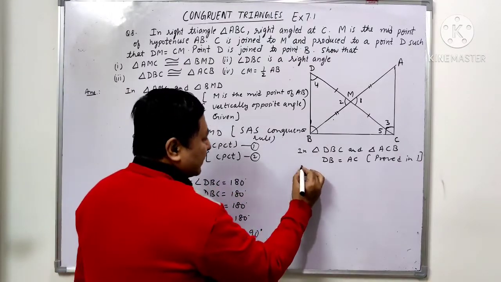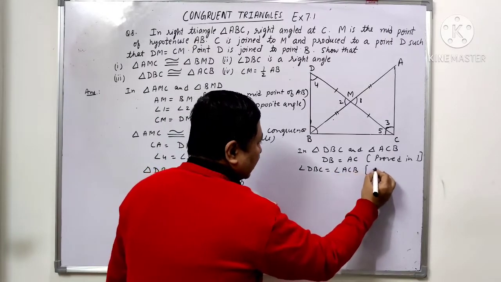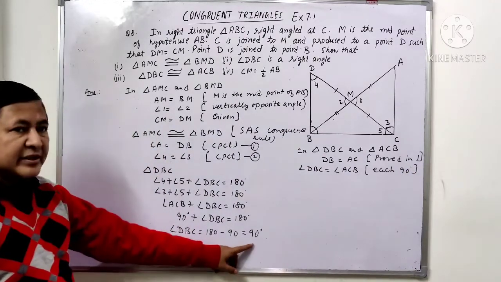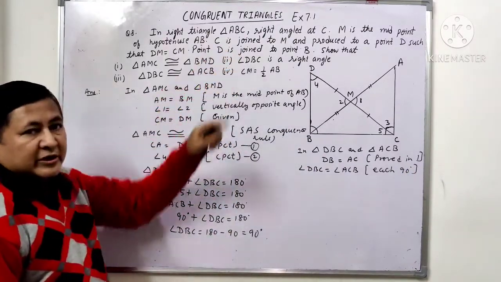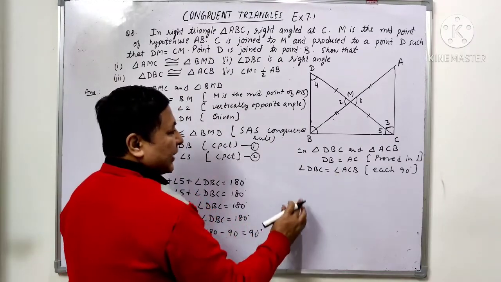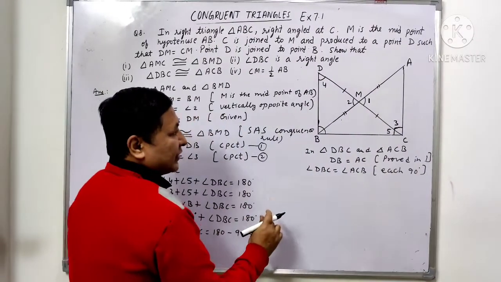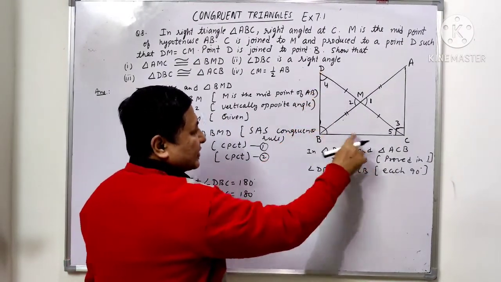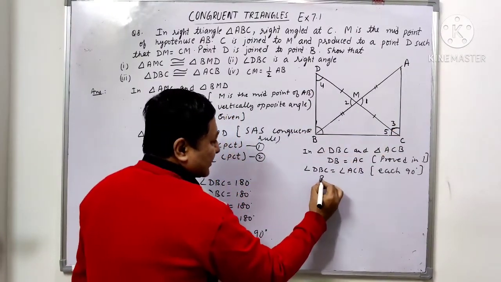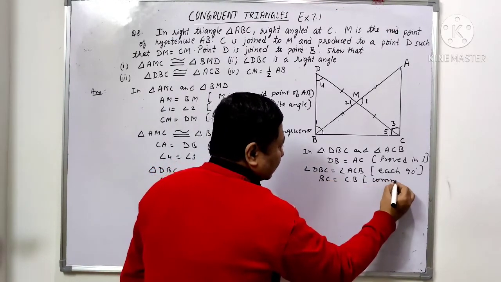Now angle DBC is equal to angle ACB, each 90 degrees. We have proved that angle DBC is 90 degrees, and angle ACB is already given in the question as a right angle triangle. So each is 90 degrees. And one more side, BC, is common here. In DBC, BC is there, and in ACB, CB is there. So BC is equal to CB, they are common.